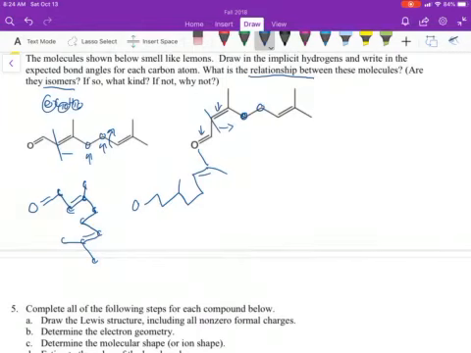Now you couldn't rotate this down because you have this carbon stuck to this carbon, so you couldn't go like however the freak that would look, but you couldn't go down that way because you have this double bond.